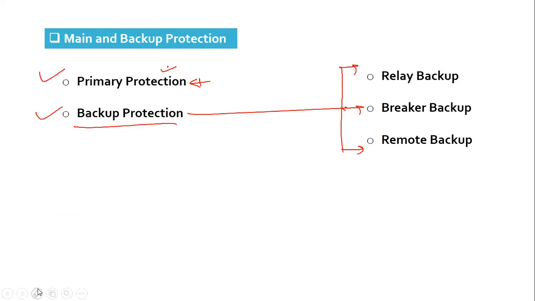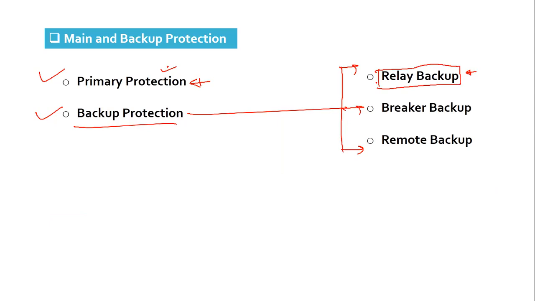What is relay backup? In this case, all the auxiliaries, including CT, PT, and relay, everything is duplicated. It means there are two sets of everything in this relay scheme, which is very costly. But this type of scheme is used for very critical equipment in the power system, like large generators, large power transformers, or EHV lines, where everything, CT, PT, relays, is duplicated.